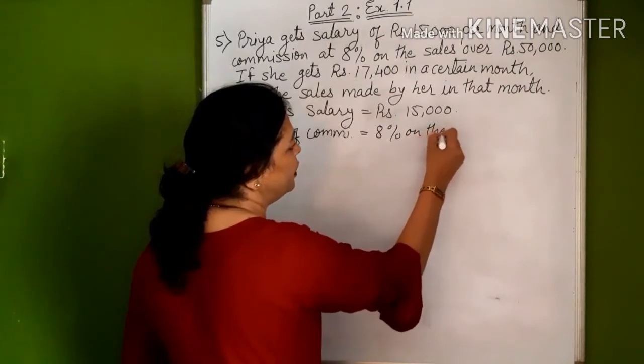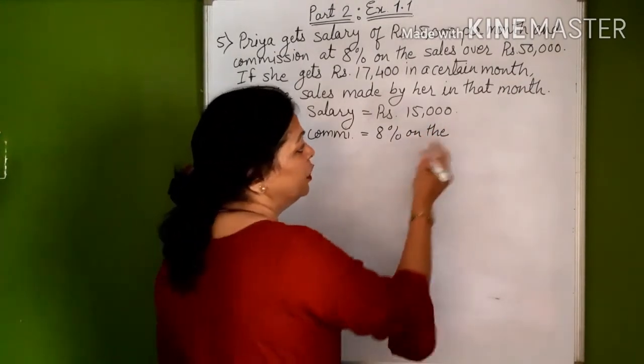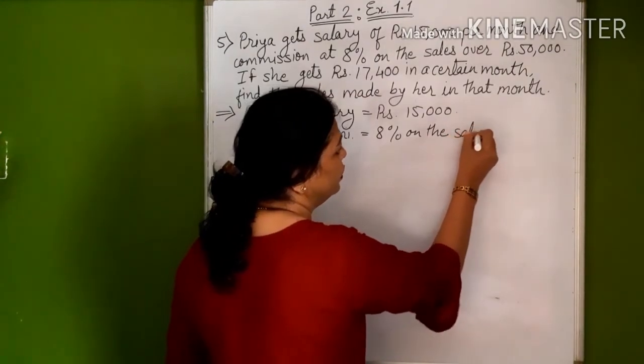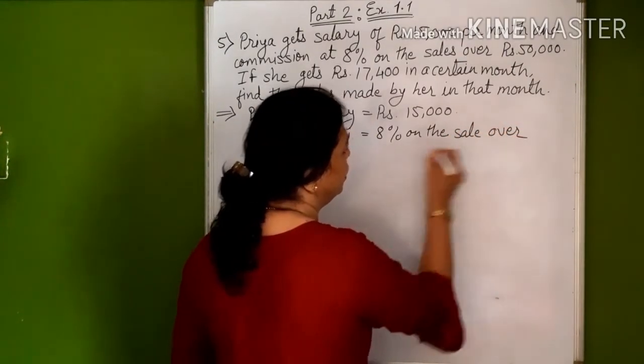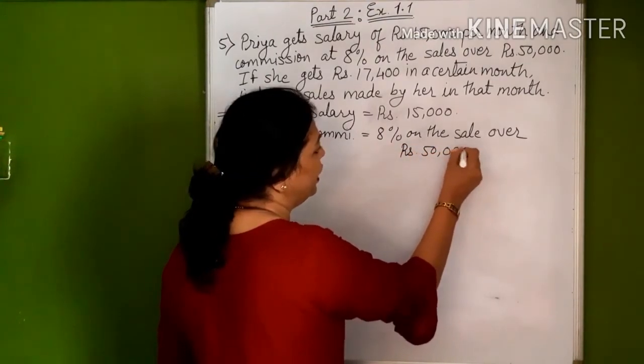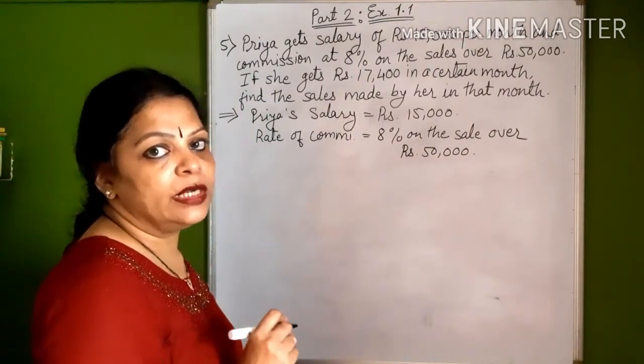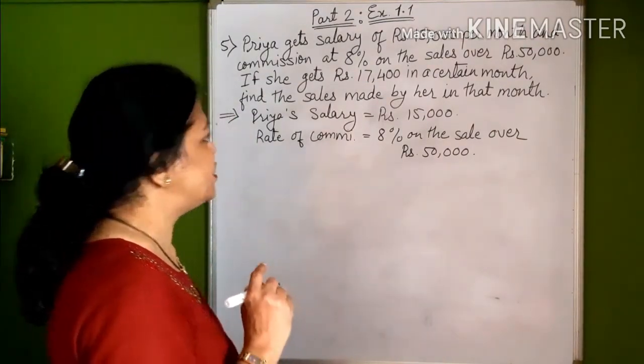Now you are very much familiar with this term. On the sale over, what you have to do? On the sale over rupees 50,000. That means while calculating the commission, we have to subtract 50,000 from the total sale to calculate the commission.